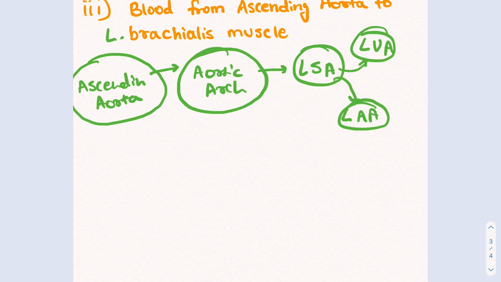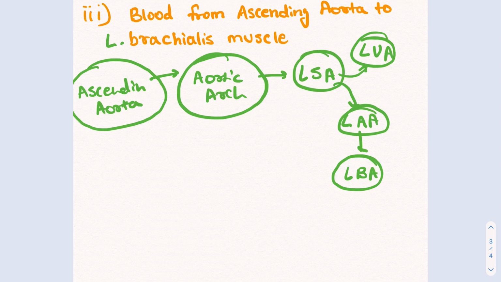Then the same axillary artery goes around the brachium and it becomes left brachial artery. Since the muscle of interest is brachialis muscle, it is present in the brachium area, and the last artery that blood takes to reach the muscle would be left brachial artery.